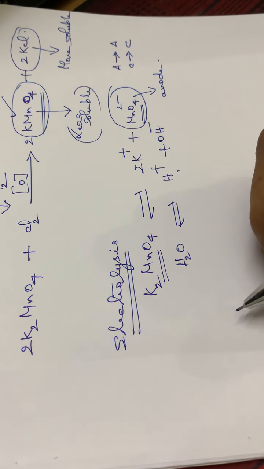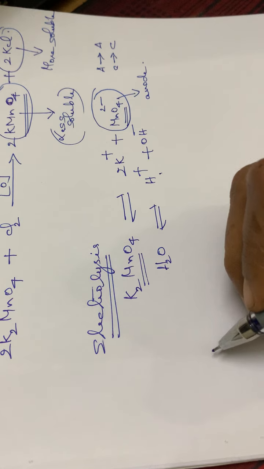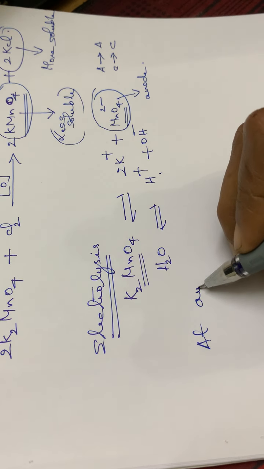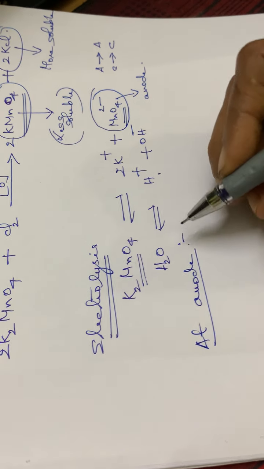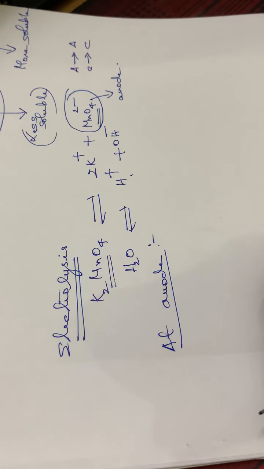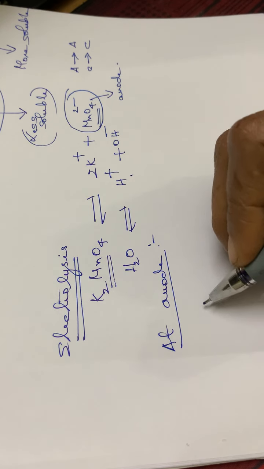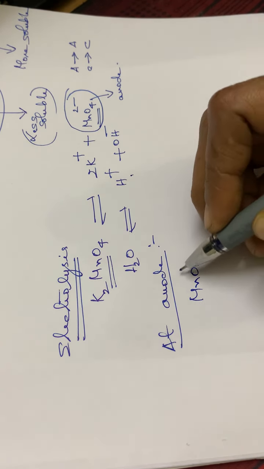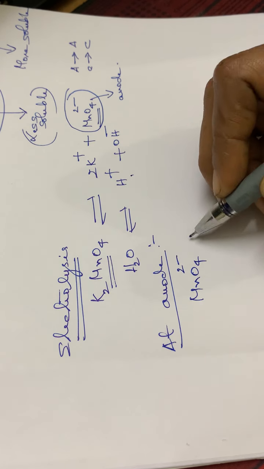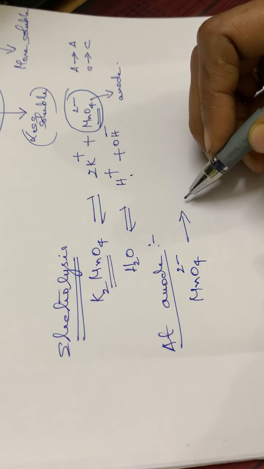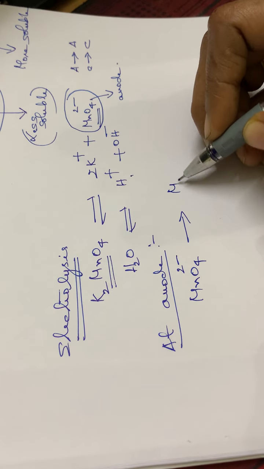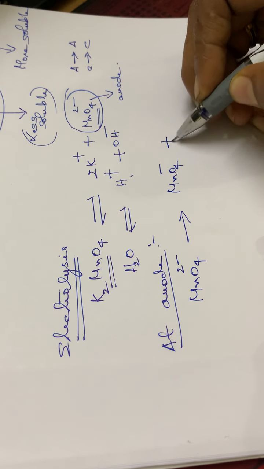We can write the reactions at the anode and cathode. At the anode, the reaction is MnO4 2- giving MnO4- plus 1 electron.